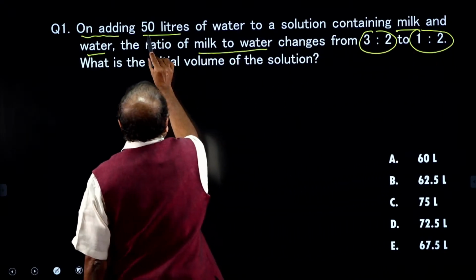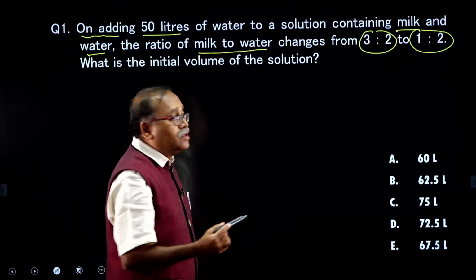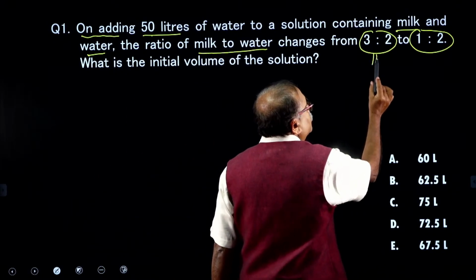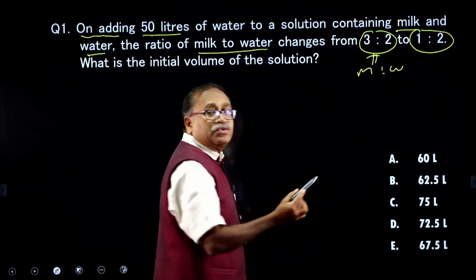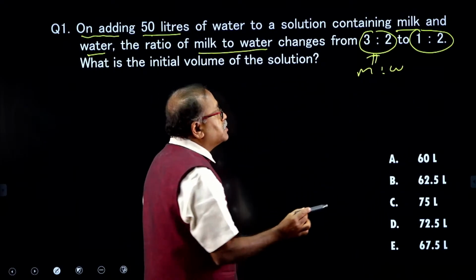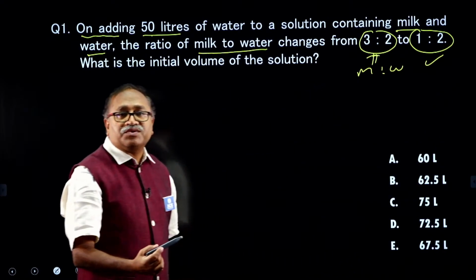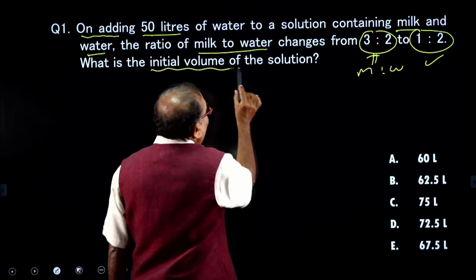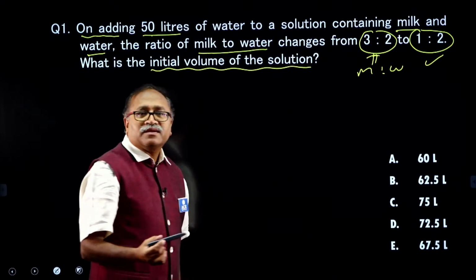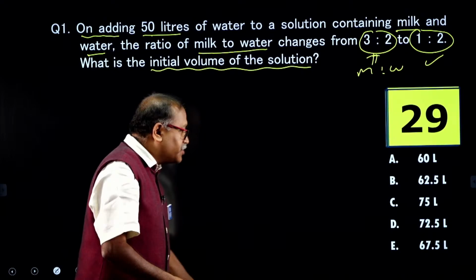The mixture is already milk to water in the ratio of 3:2. After adding 50 liters of water, the ratio changes to 1:2. Now, the question is, what is the initial volume of the solution? It is a very simple and basic question, my dear friends. Take your 30 seconds to answer the question.